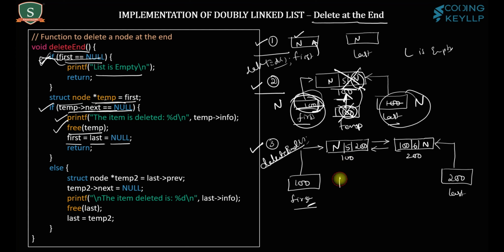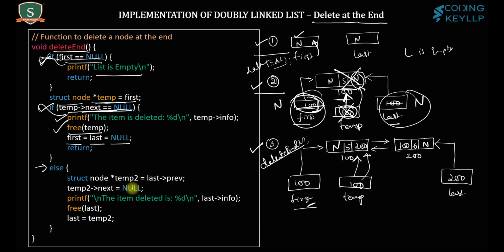Temporary is equal to first, so the temporary variable is loaded with the value 100, pointing to the first node. Now what is temporary of next? The value is 200. So temporary of next is equal to null, where the condition failed. It comes to the else part.